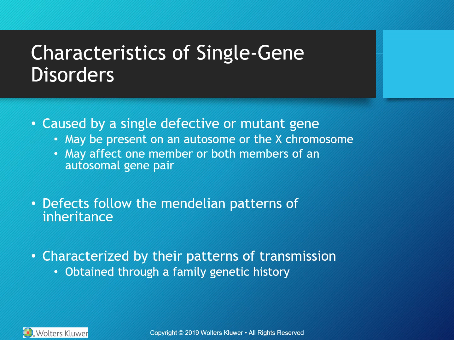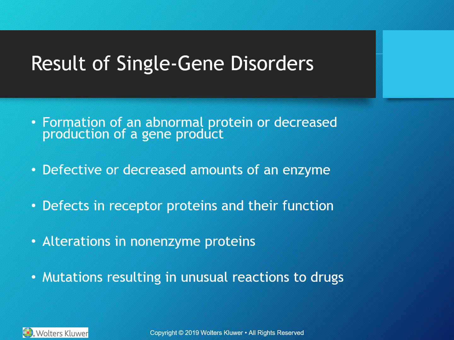That all came from Mendel's law. And then also, they're characterized by the pattern of their transmission. How does it transmit from family history? What are the results of a single gene disorder?